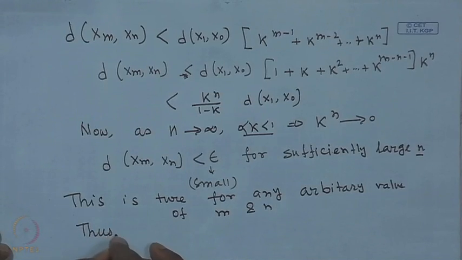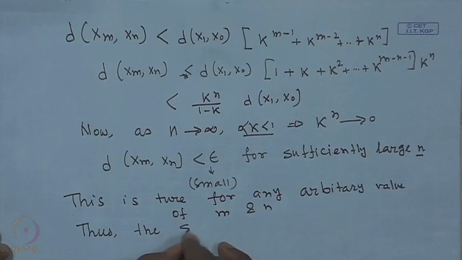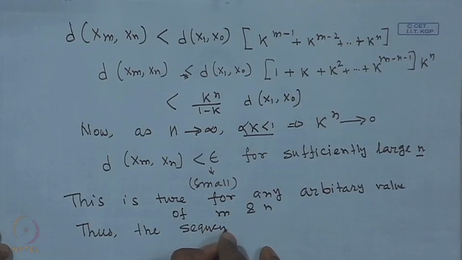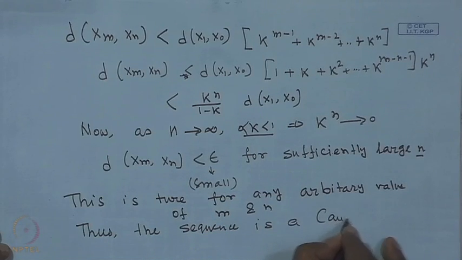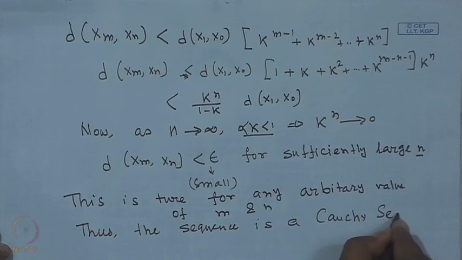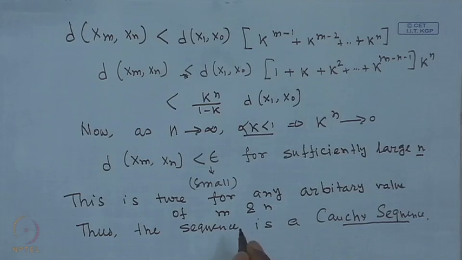Thus, the sequence is a Cauchy sequence, and x n converges.